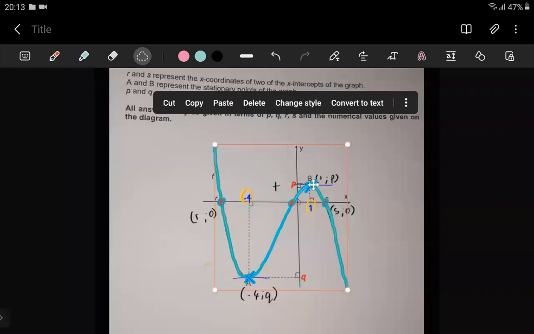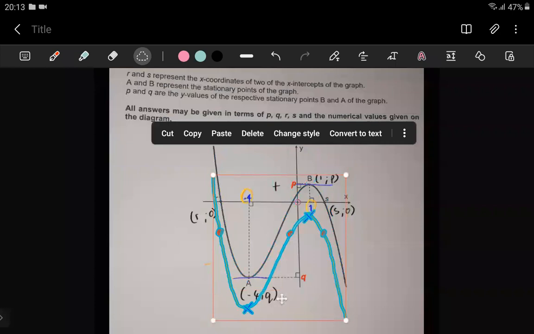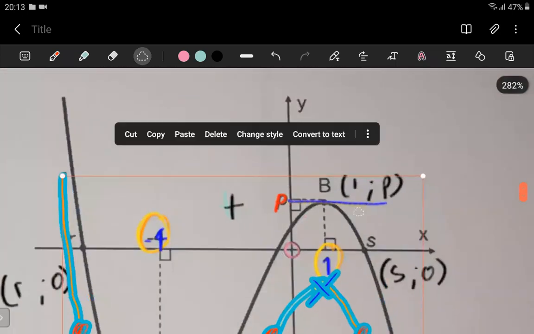If you move it downwards like that, do you see that it will only have one x-intercept? Yes, I see. If the whole graph moves downwards, the moment it moves more than p units downwards, it's going to start only having one x-intercept.